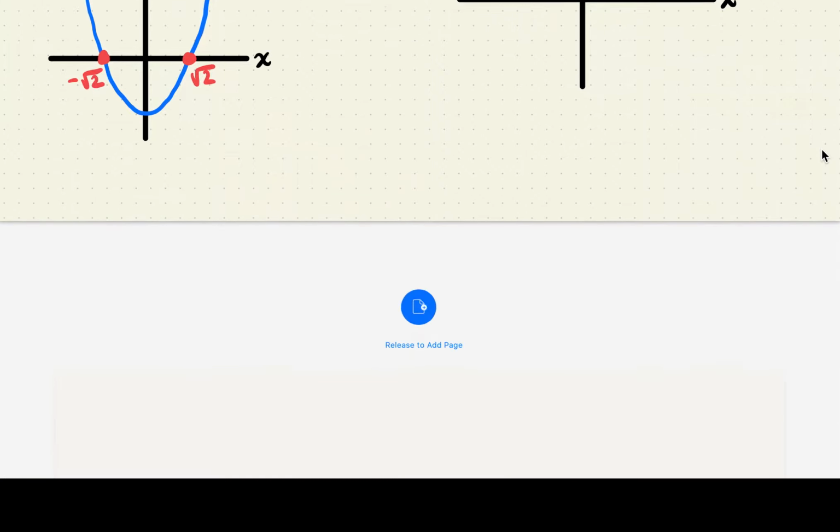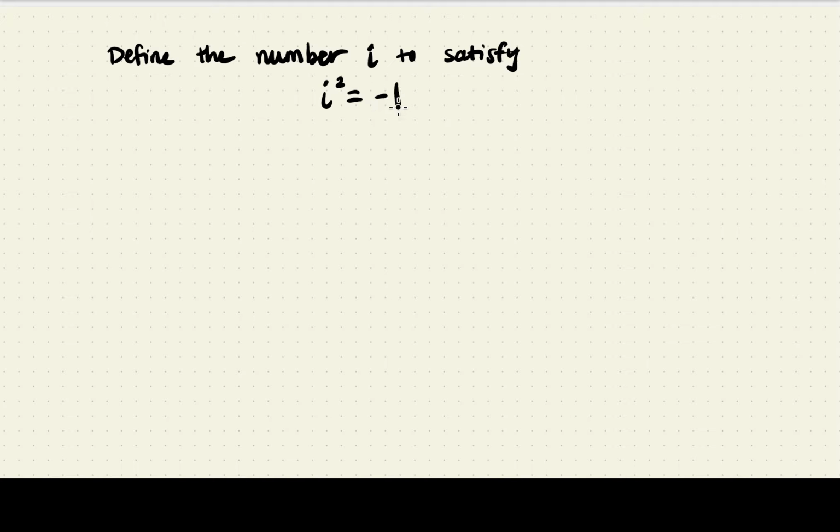So if I can scroll down to the next page here, we're going to define the number i to satisfy the equation i squared equals -1.